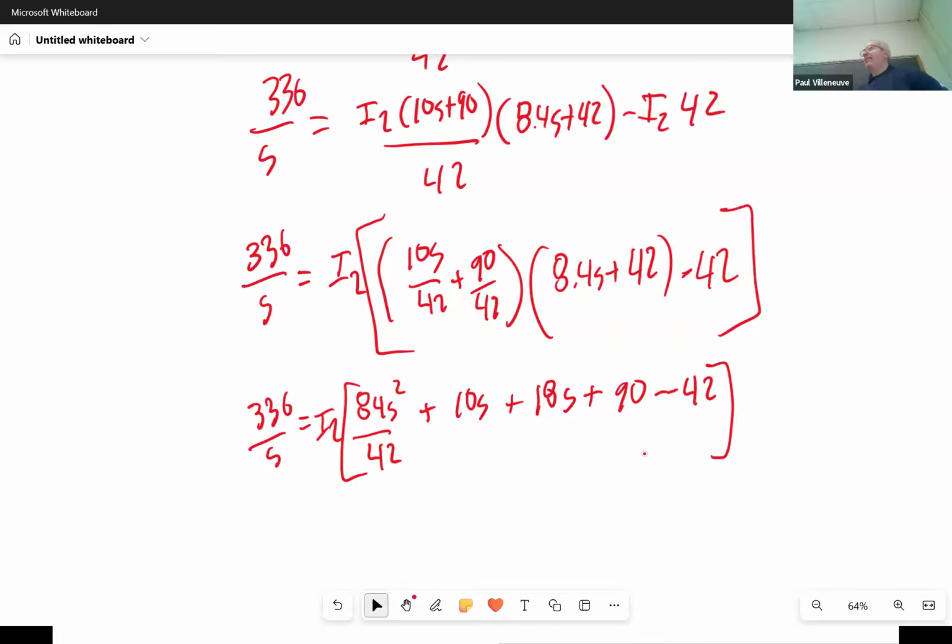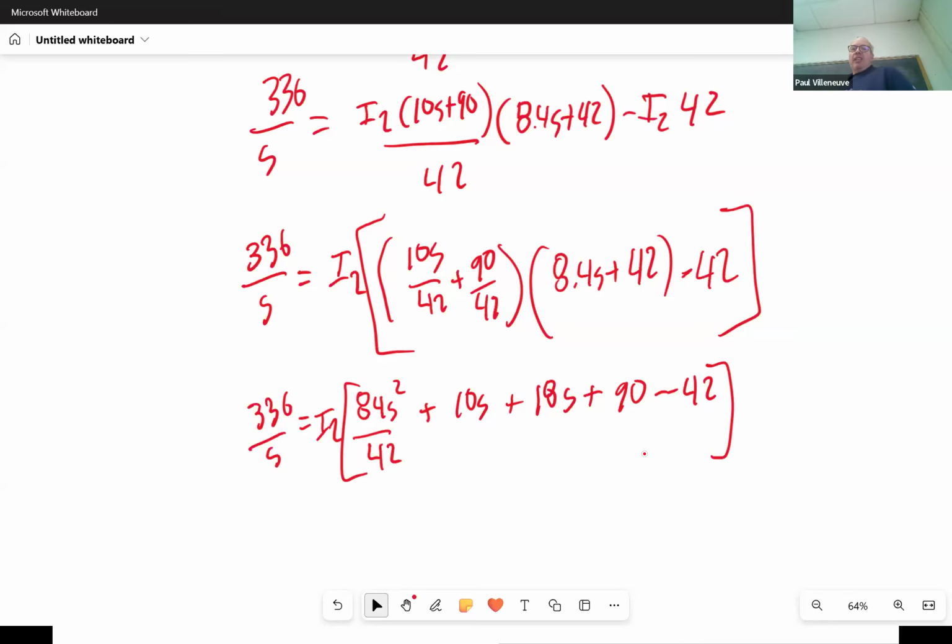Yes. Yeah, the negative 42 is just adding or subtracting, I should say. So I can't FOIL that, but I can FOIL the 2. So let's check 10S over 42. So the 10 multiplies the 8.4, so you get 84S squared over 42. I did the first, then I did the outer.